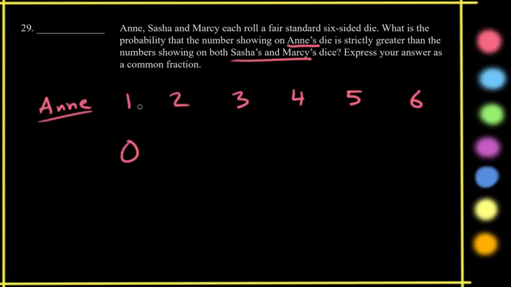If Anne rolls a 2, what's the probability that both Sasha and Marcy are going to roll lower than a 2? That means they both have to roll a 1, right? So when I think about rolling 2 dice, I like to think about a 6x6 grid. You can think about dots like this.